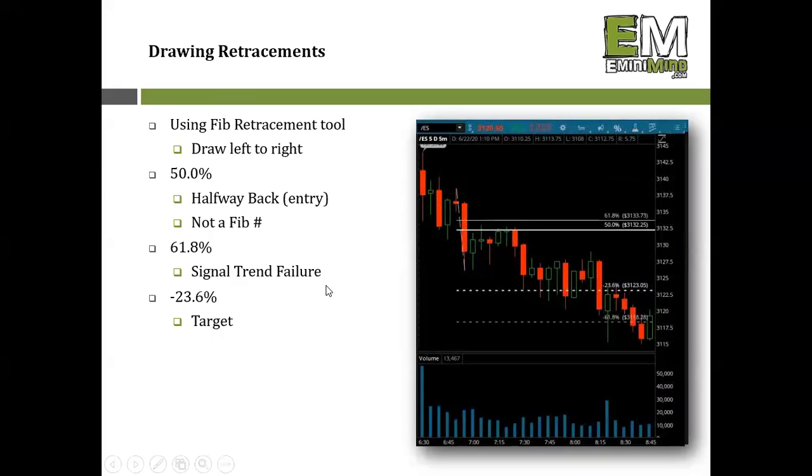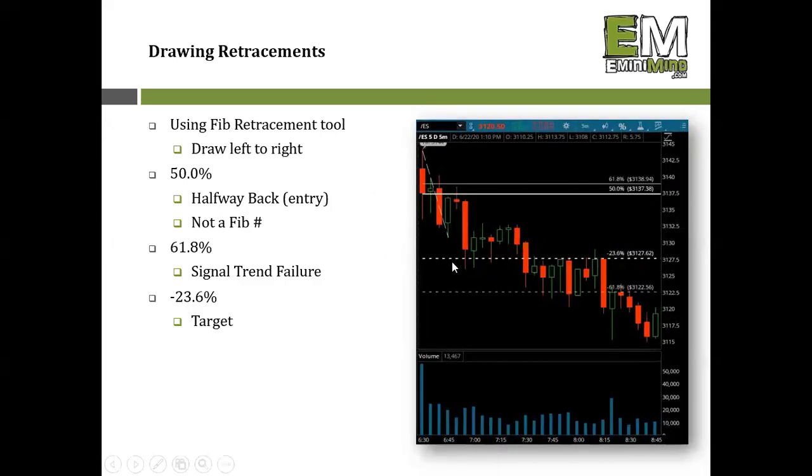So when it comes to drawing the retracements, since we're always drawing from left to right, once we have 2 points and we anchor our retracement to those 2 points, in this case drawing up a short setup, if we do trade away from that 50% and trade down, then once we hit the negative 23, we can draw the next retracement from where that first 50% was down to that negative 23% target.